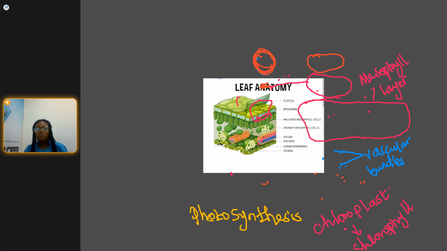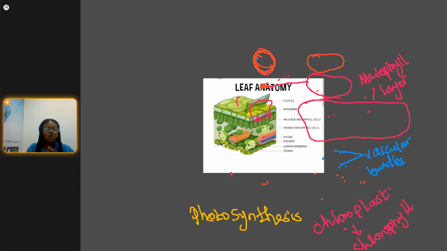So we have talked about the internal structure of the root, the internal structure of the stem, and the leaf anatomy, that is the internal structure of the leaf. I hope we all understand what the internal structure of a flowering plant looks like.